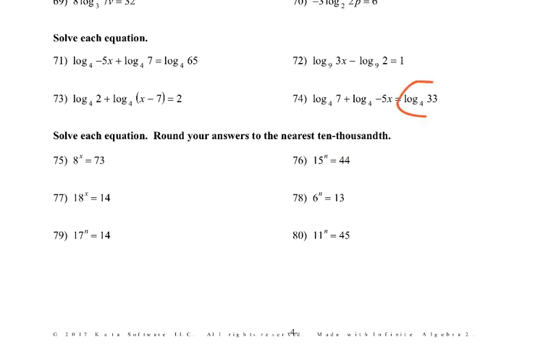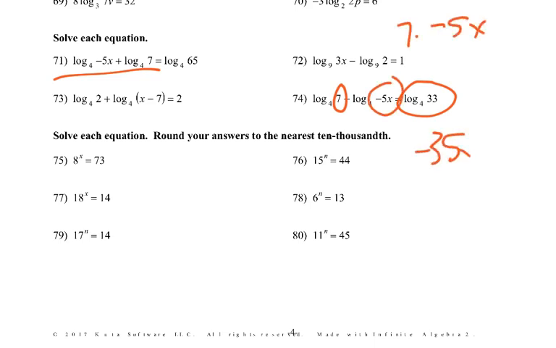Okay? Now if we look at number 74, it's got log on this side, so I'm eventually going to want to simplify this. So 7, it's kind of like the one over here. 7 times negative 5x would give me negative 35x. This would be log base 4 of negative 35x equals log base 4 of 33. Those cancel.